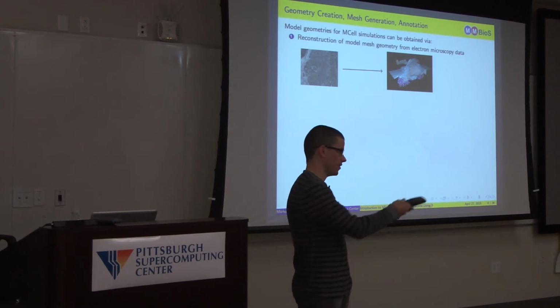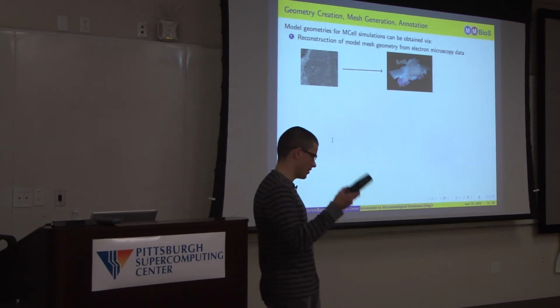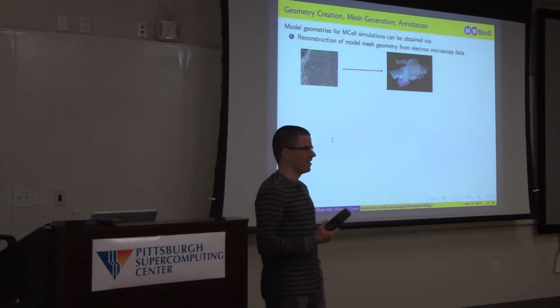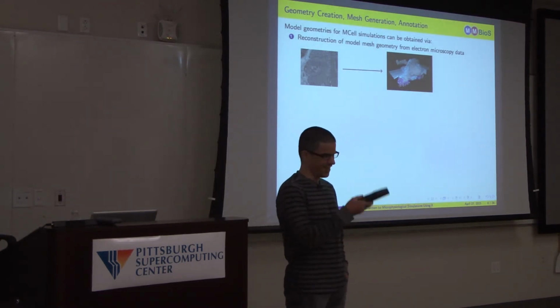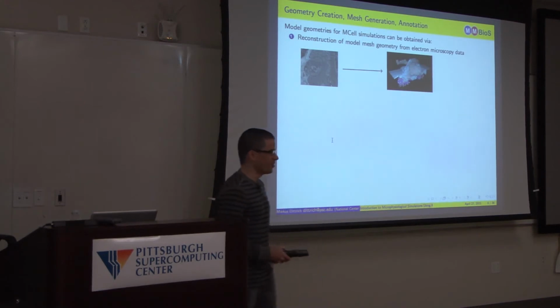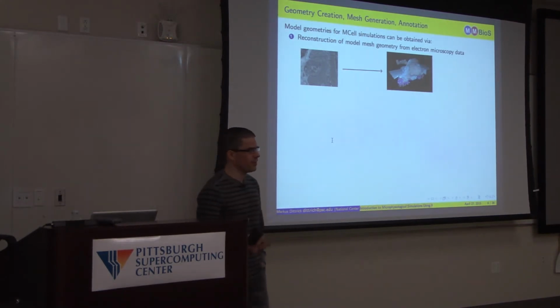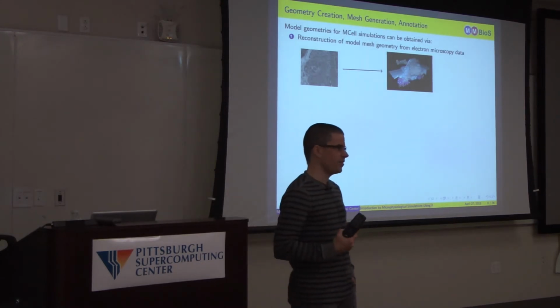That's, for example, the image I showed of this hippocampal dendrite that was obtained with this kind of procedure. And this is a very powerful way because you have a really realistic geometry of your system.